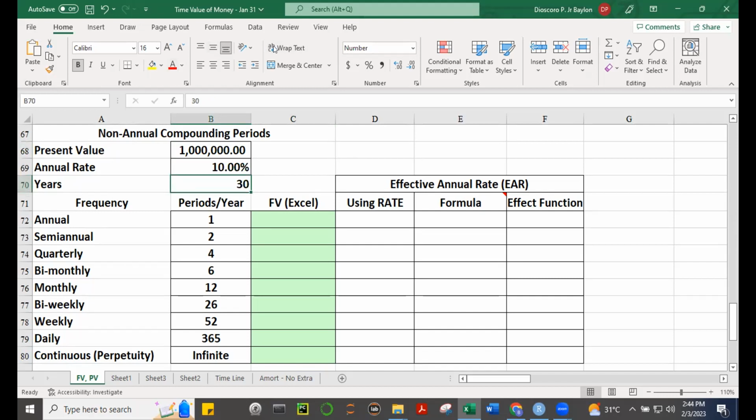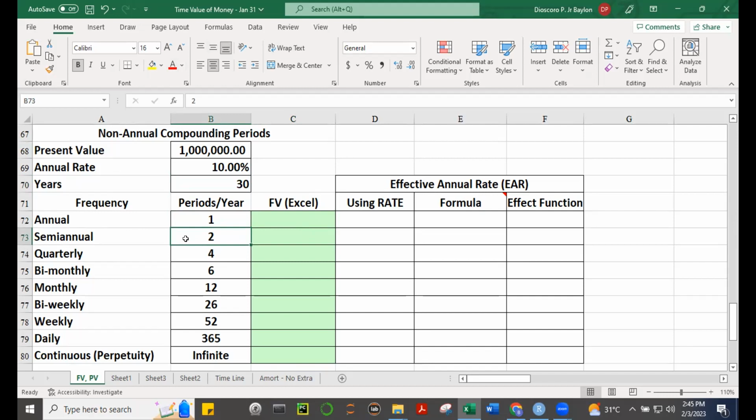If the interest was compounded annually, how much will be the future value? What if it was semi-annual? It means that interest is being computed twice a year. Or if it's quarterly, etc. What would be the future value?